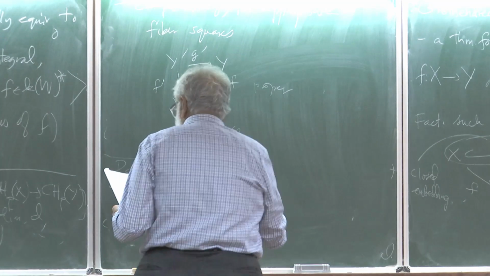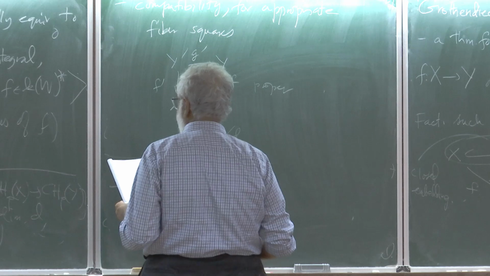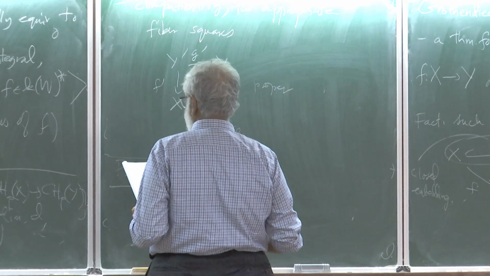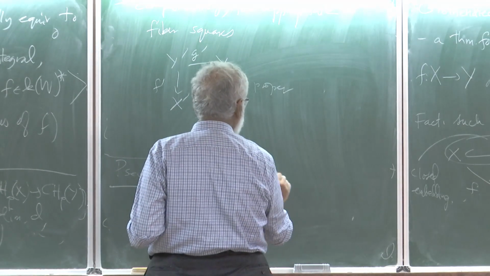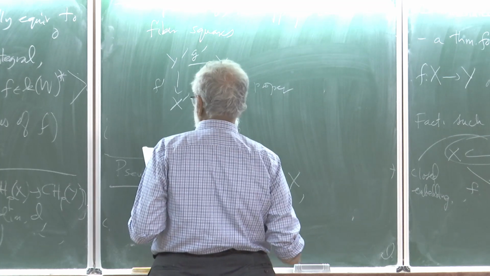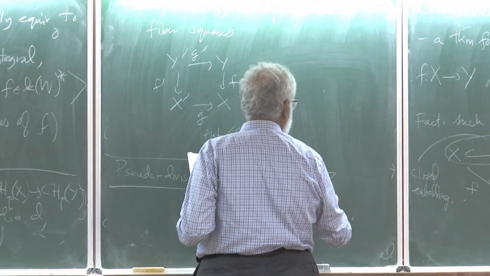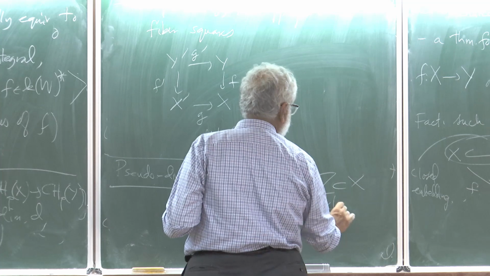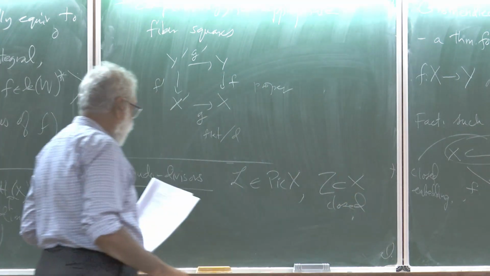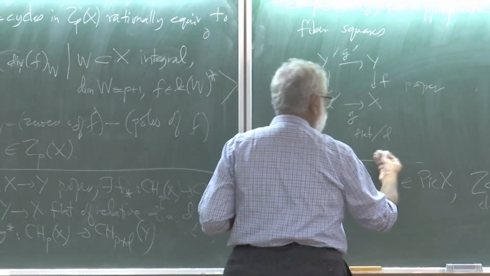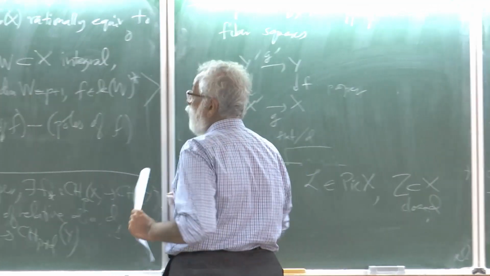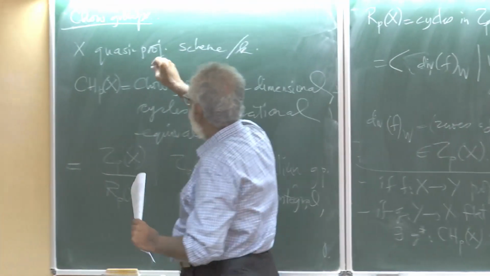So anyway, I have these pseudo divisors. Let me just remind you quickly what they are. L is an invertible sheaf, and Z in X is closed. X is a scheme, a quasi-projective scheme.